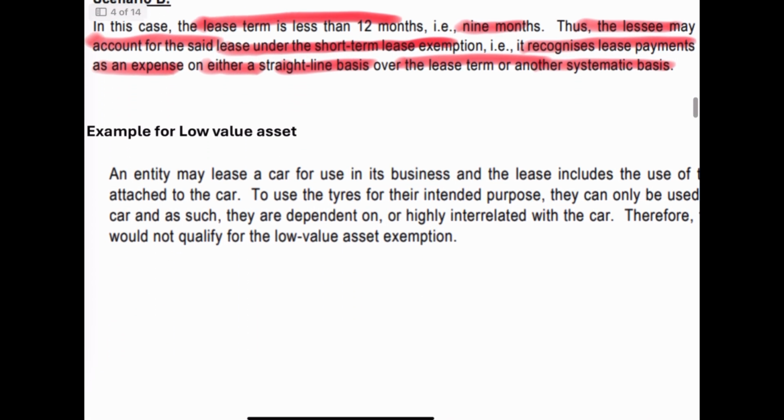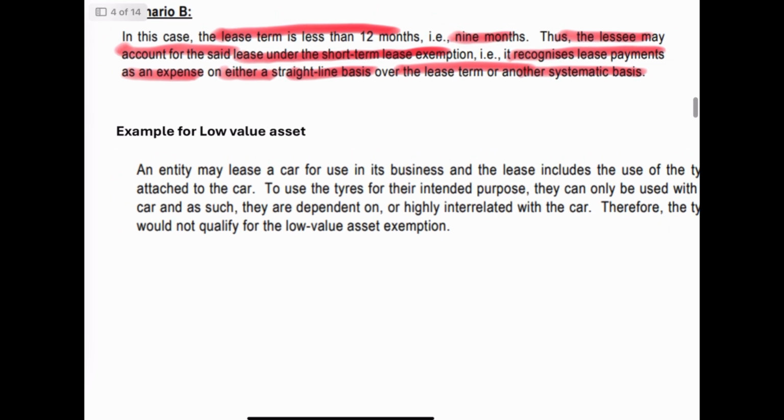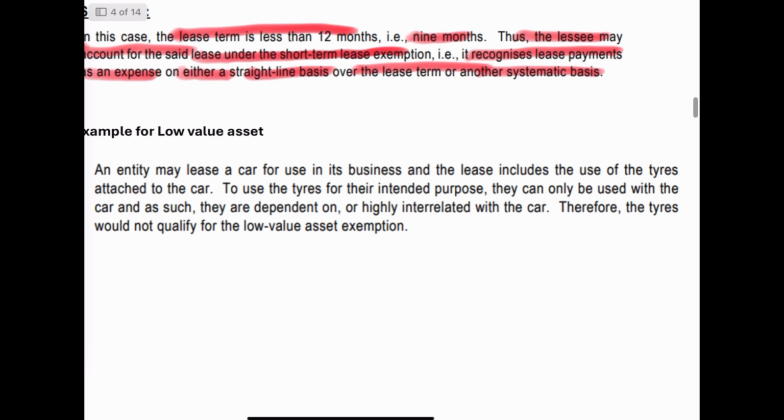Okay, then we'll go through one example for the low value asset. In this example, an entity may lease a car for use in its business, and the lease includes the use of the tires attached to the car. To use the tires for their intended purpose, they can only be used with the car, and as such they are dependent on, highly interrelated with, the car.